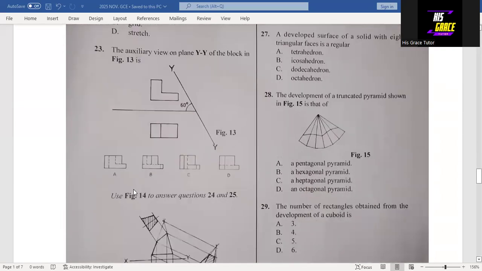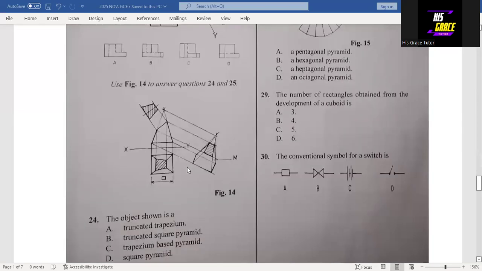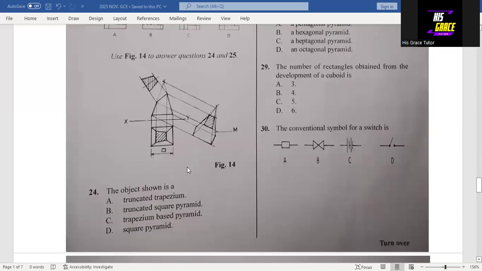Then question 23, the auxiliary view on plane YY of the block in figure 13 is option C. Then going to questions 24 and 25. Question 24, the object shown is a truncated square pyramid. That is option B is the answer to question 24.